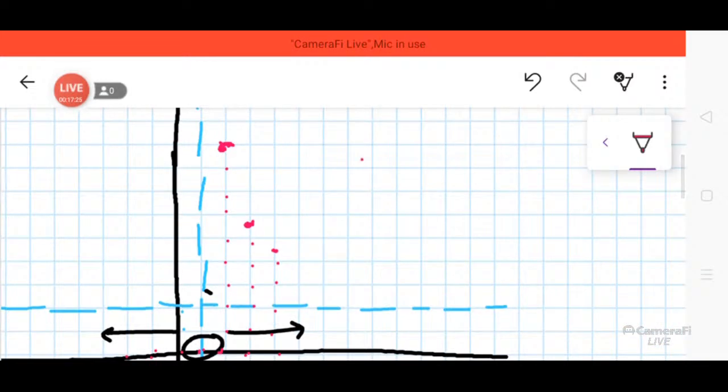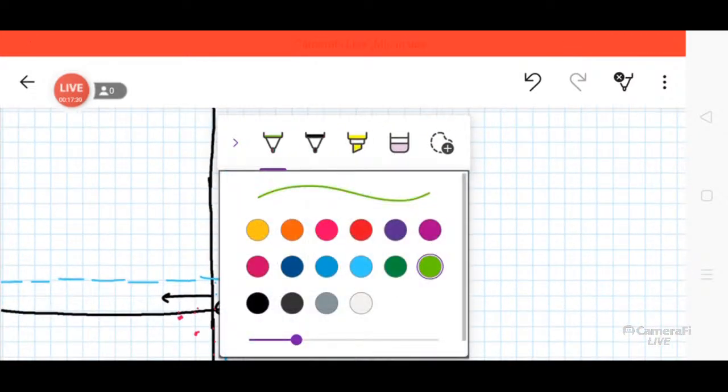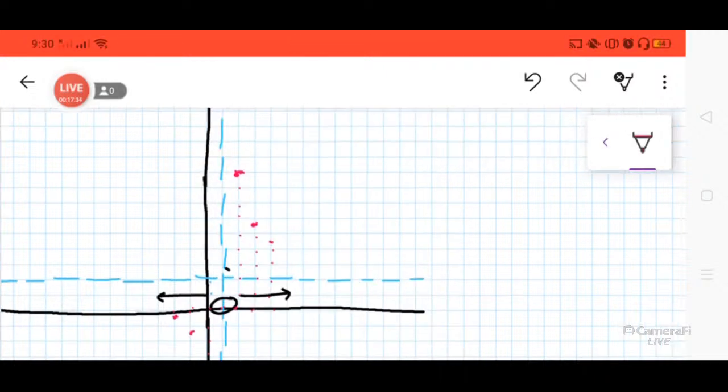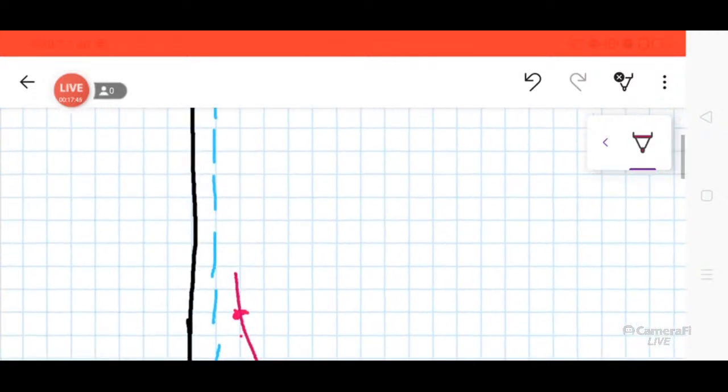If we connect the points, let's use another color. If we connect the lines, it must be like this, going up.